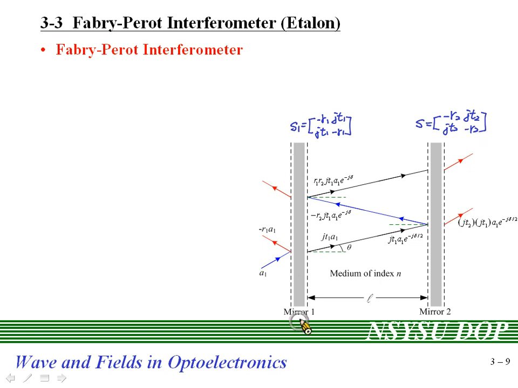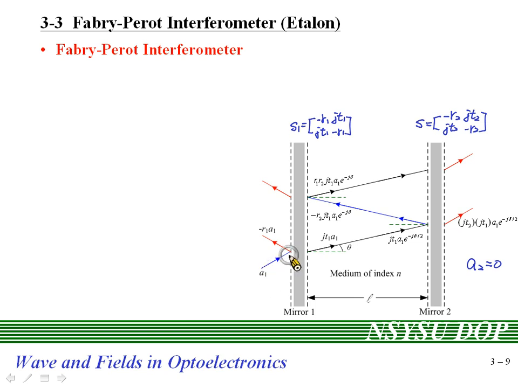At pole 1, we have input A1, and we suppose that at pole 2 there is no input, so A2 is 0. And we start from the amplitude of the input wave A1.